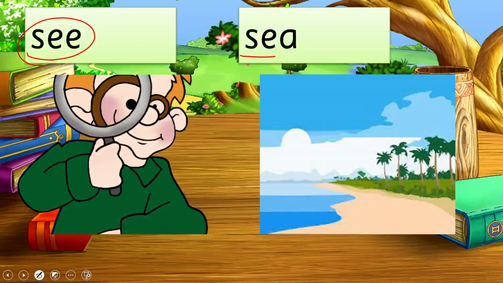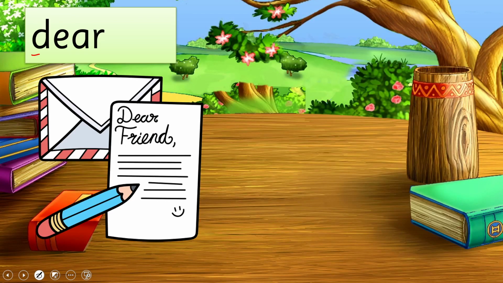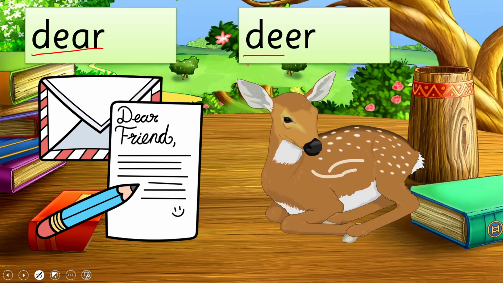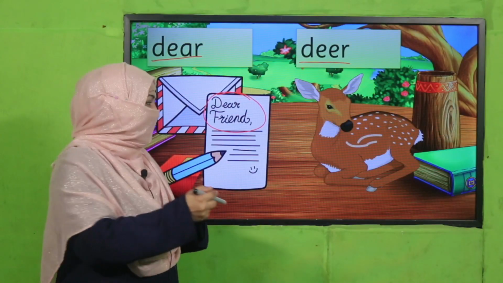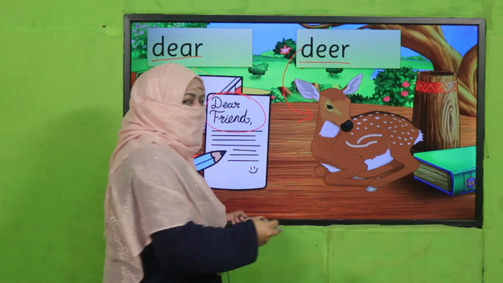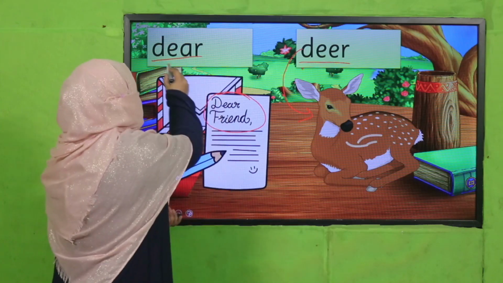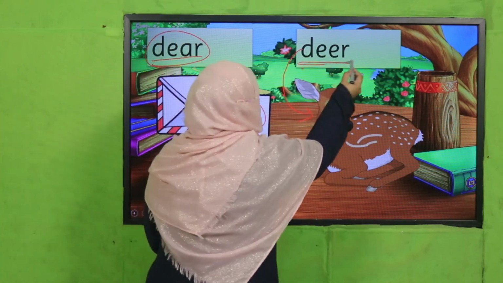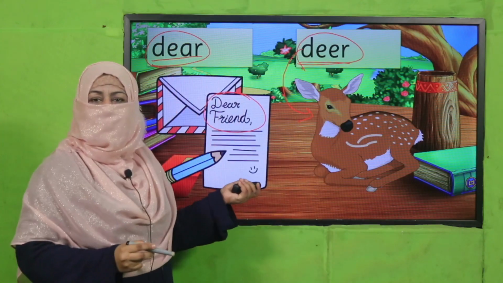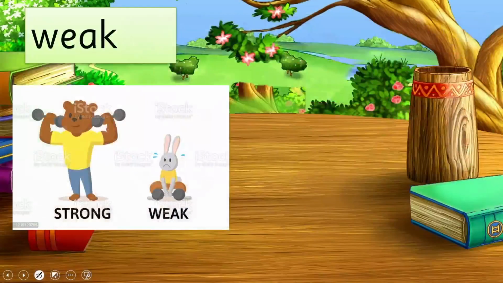See and sea, we just talked about it. Dear and deer. So this dear, like we write a letter or invitation, dear friend, which is dear to us, and this deer is animal. Okay, their spellings are different, but we say it in the same way, and these are homophones.